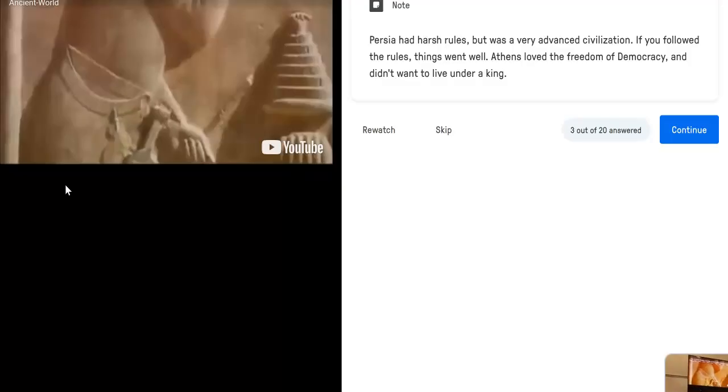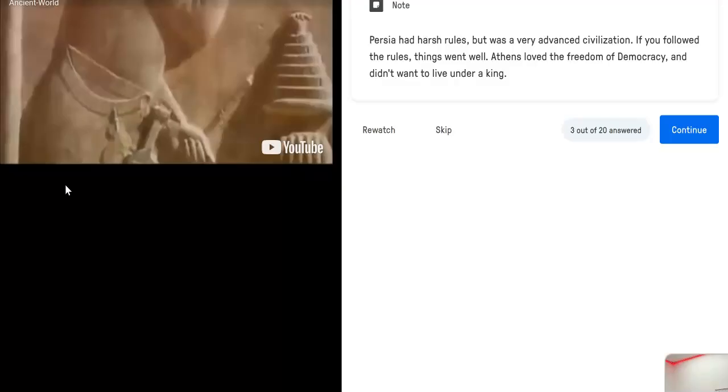So, Persia lives under a king. Athens does not. If we think about our learning goal, right? We know what the conflict is. Persia has a king. Athens has a democracy. We have to figure out, is that a disagreement about land and water? Yes or no? No. Is that a disagreement about economic resources or trade?